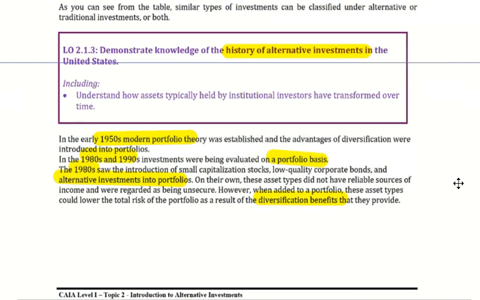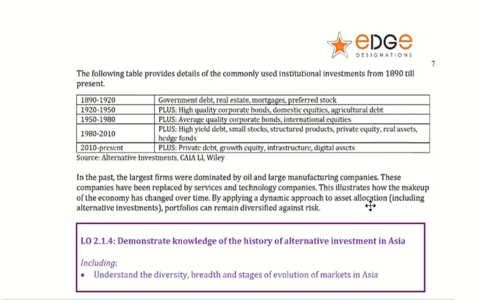That when there are low levels of correlation between the assets in a portfolio, and generally we say there are low levels of correlation between alternative assets and traditional assets. Therefore, adding them to a portfolio will bring about very good diversification benefits.